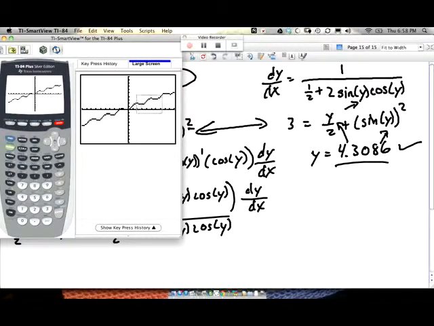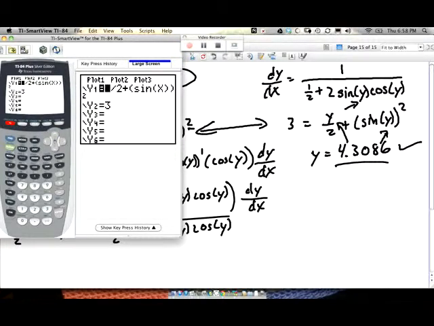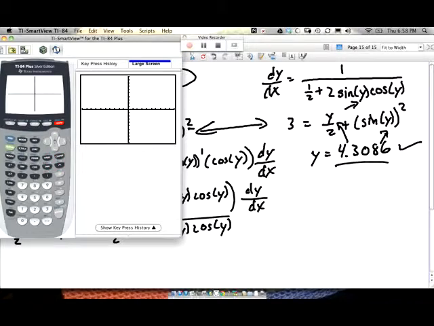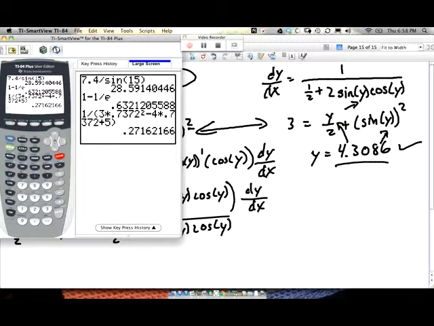No, it's not. It's the derivative. Pardon me. Let's turn this off. I'm going to clear this graph. We're just going to calculate it.